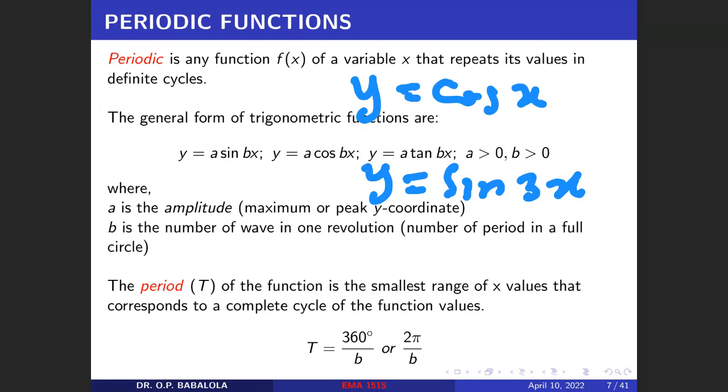It's 120. You use this formula T equals 360 over B. And here your B is 3. It's just 360 over 3 and it's 120. I hope you all understand. That's how you have your period. That's what we imply by the amplitude, and B is the number of waves in one revolution.